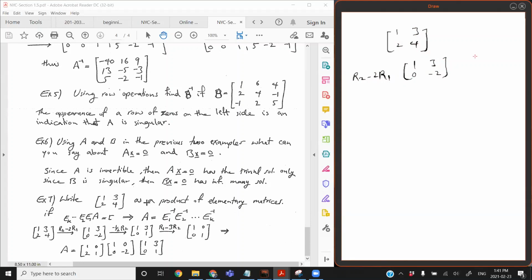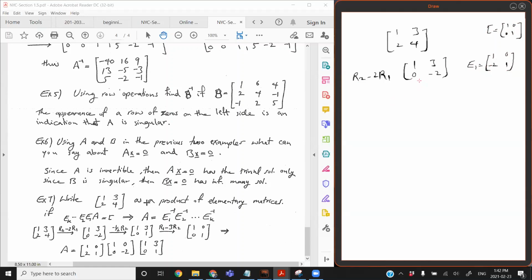That would be like E1. I have to perform the same row operation on I to get E1. If I do that, I get [1, 0; negative 2, 1]. Is that clear?